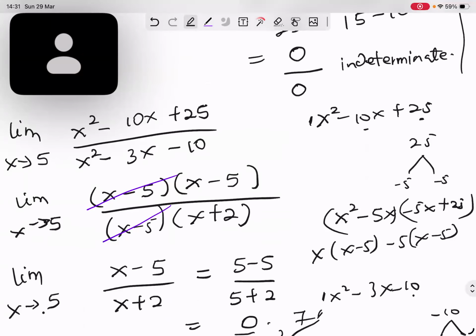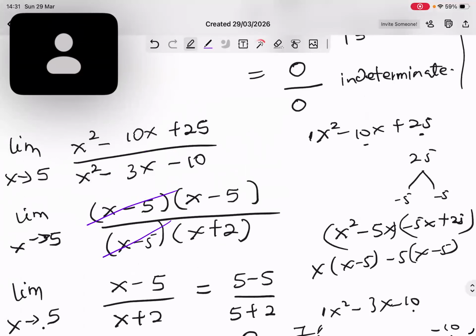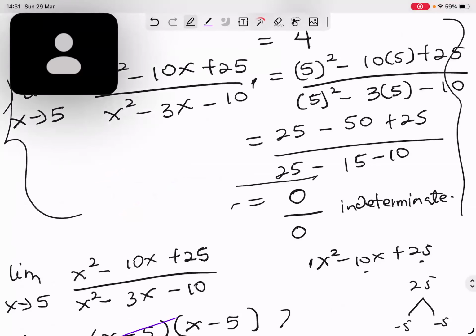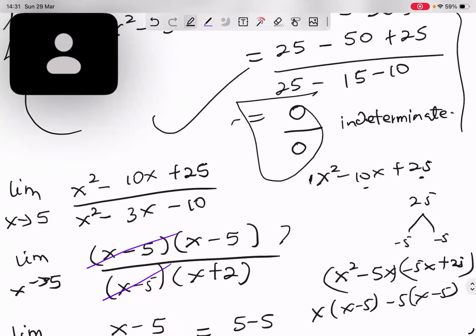You need to show why you are doing this, and the reason we are doing this is because we got indeterminate. You get marks for this. If you just jump ahead, I understand that it is going to be indeterminate, but I need to see why you are doing that, because you'll get marks for it. Okay, thank you.